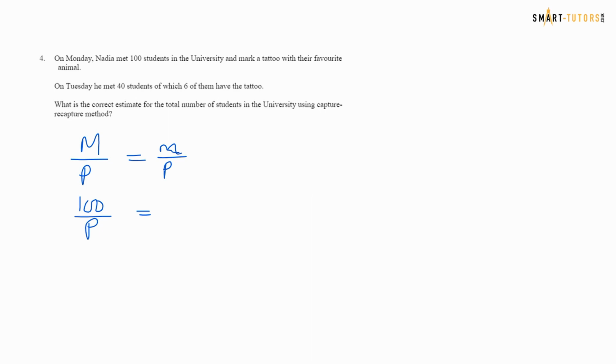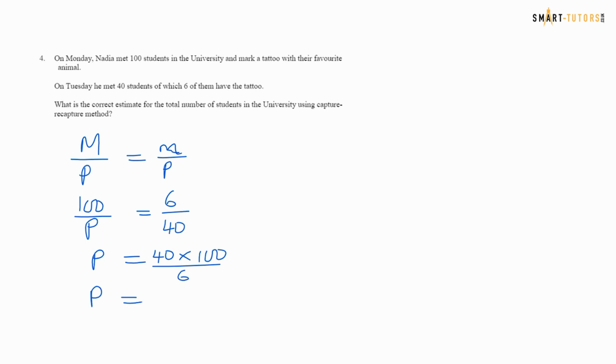On Tuesday, she met 40 students, of which 6 of them have the tattoo. So 6 over 40. So capital P equals 40 times 100 divided by 6.